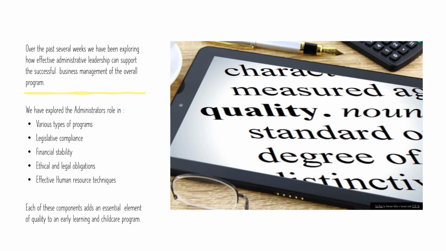We've looked at ethical and legal obligations. And then we've begun to explore some of those effective human resource techniques. So when you put all of these together, all of these components add essential elements of quality to an early learning and childcare program.